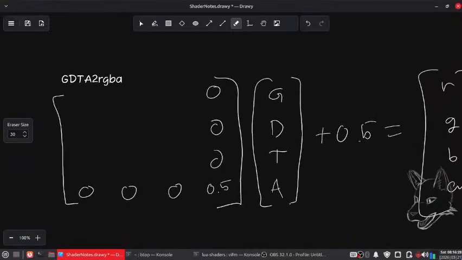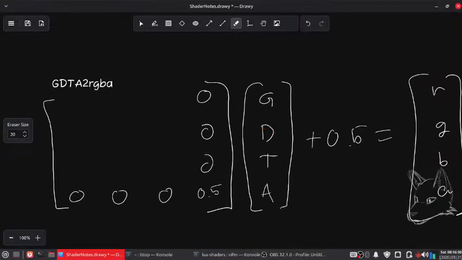So what is gradient in RGBA minus a half? I mean, it should just be 1, 1, 1, right?